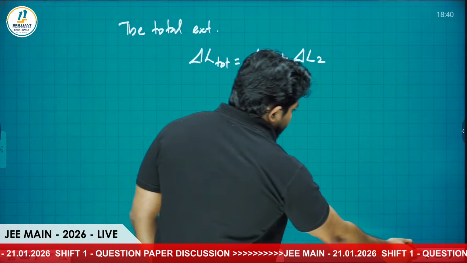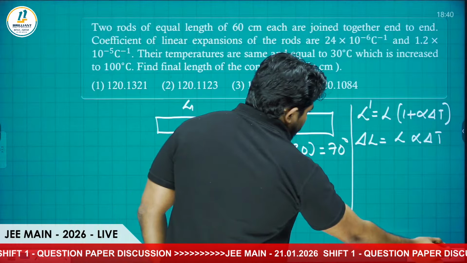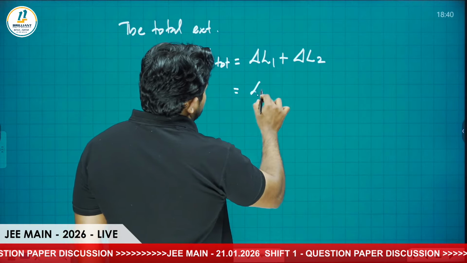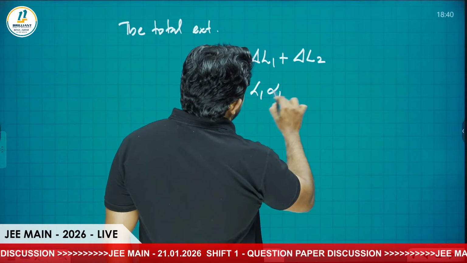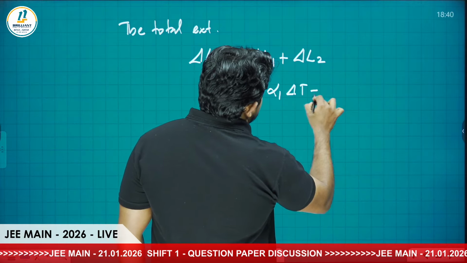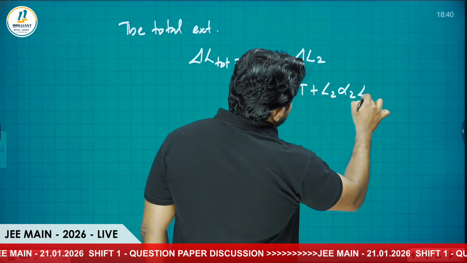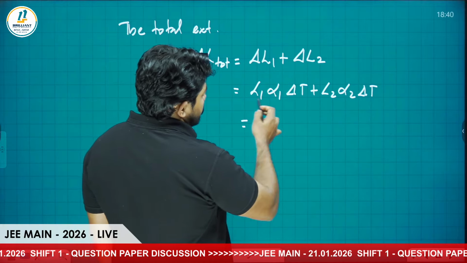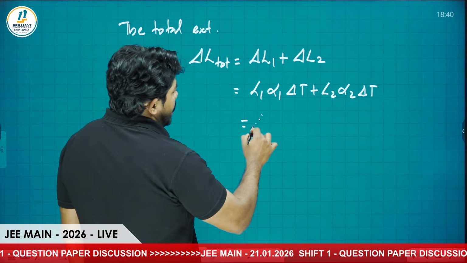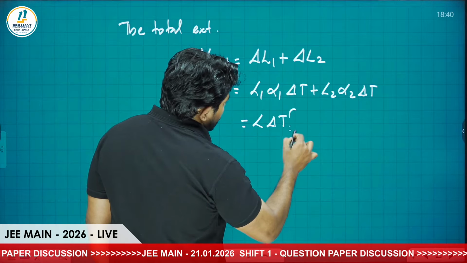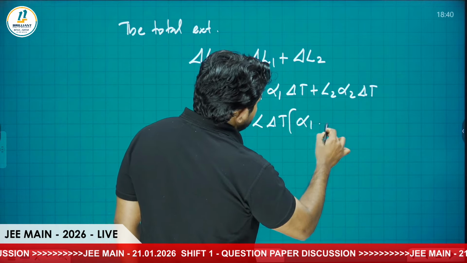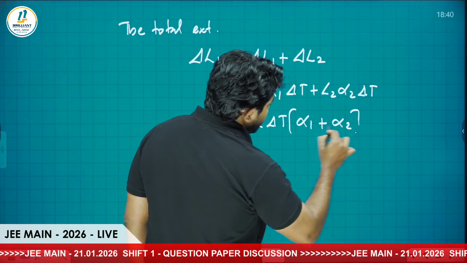Because delta T is the same for both, it is L1 alpha 1 delta T plus L2 alpha 2 delta T. Since the length is also the same, I can take L delta T common, then the remaining value is alpha 1 plus alpha 2, right?